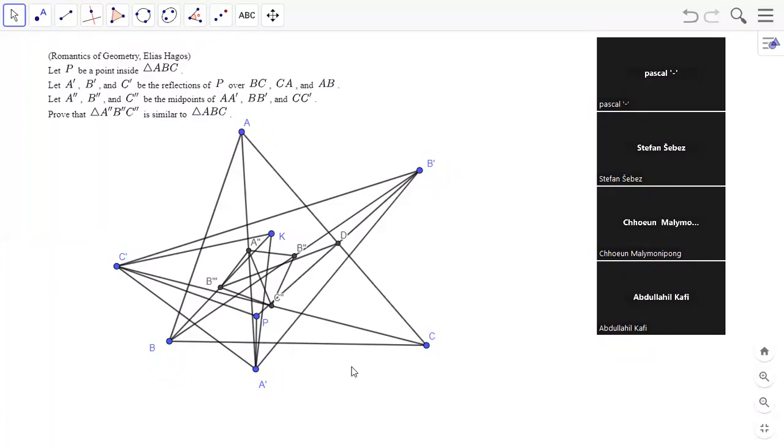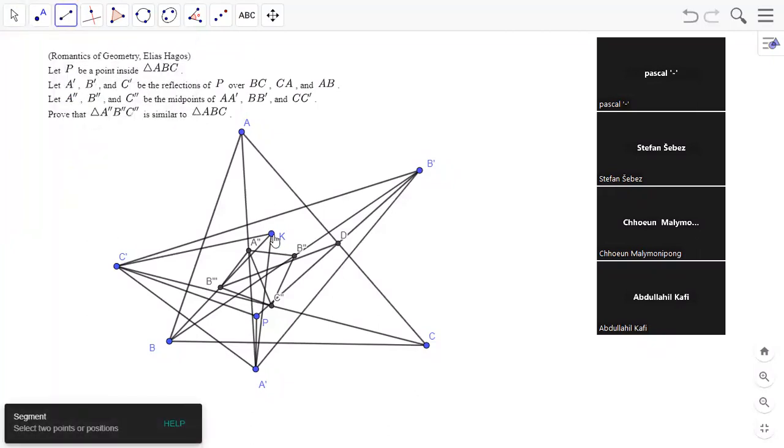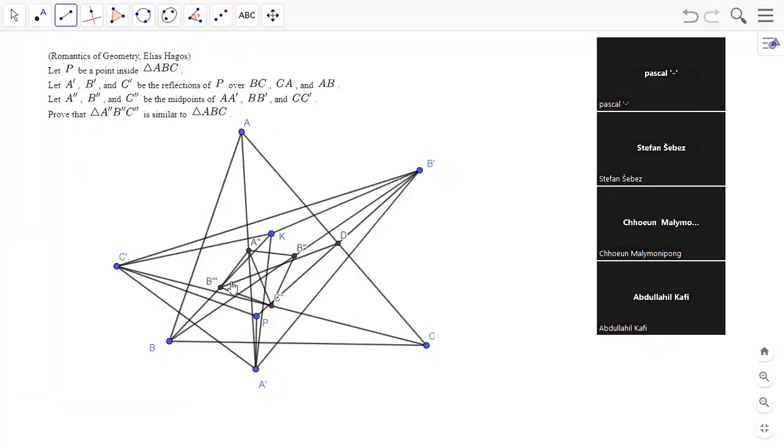So B double prime is the midpoint of that. And what other midpoints do we have? How do we use B double prime as the midpoint of that? So if we draw B prime K, this should be parallel to that.